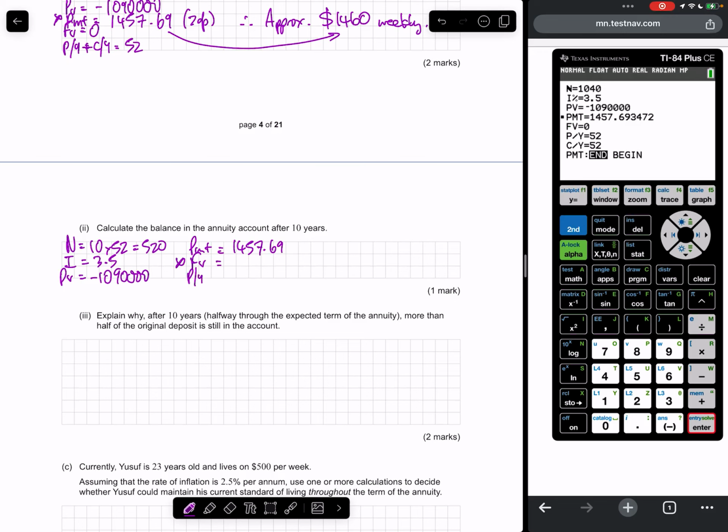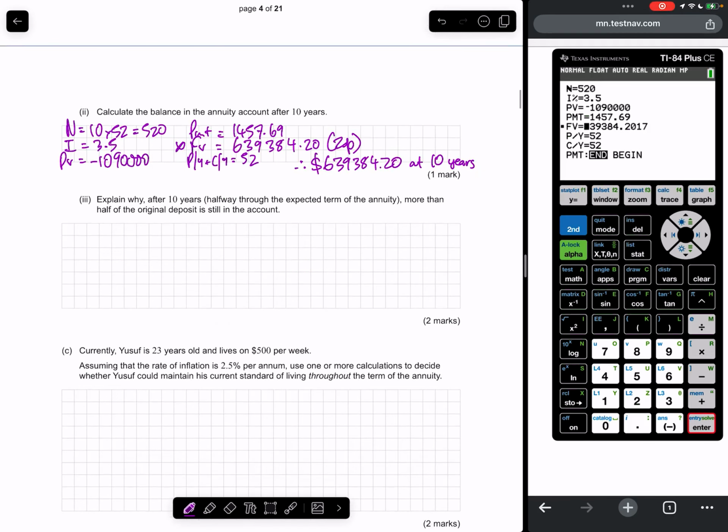FV, PY and CY are both 52. Alpha, enter. $639,384.20 to 2 decimal points. Therefore, $639,384.20 at 10 years.